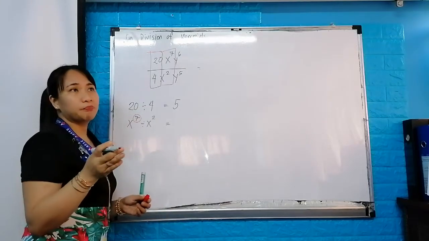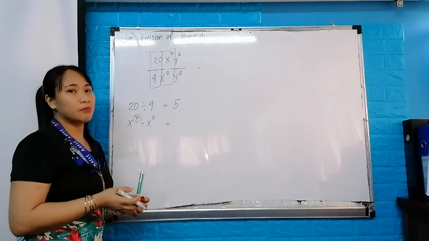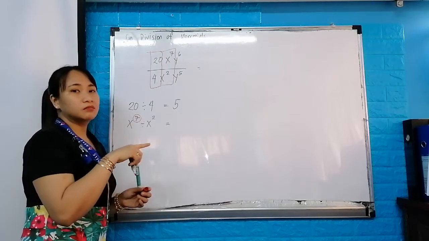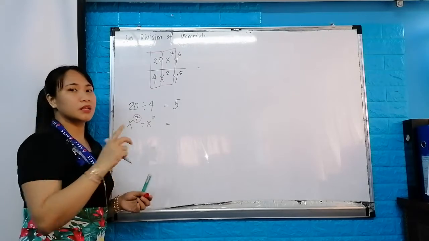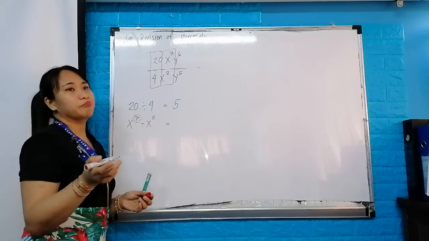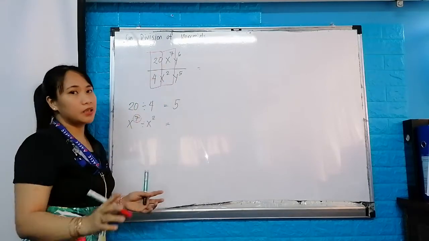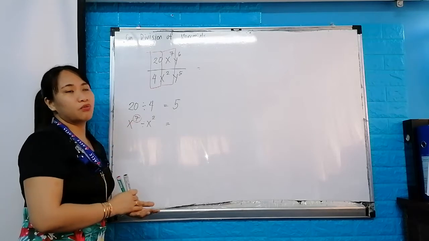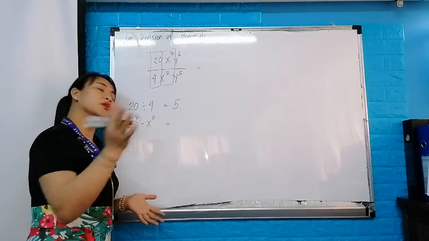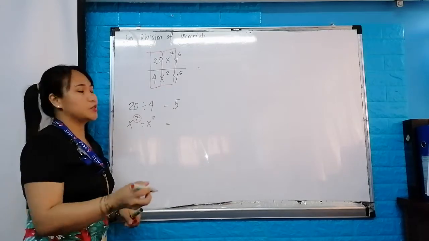Because as you still remember, when you multiply a variable, you add the degree. But here it's division, the opposite of multiplication, so we do the opposite of the process. If we add in multiplication, in division we need to subtract.